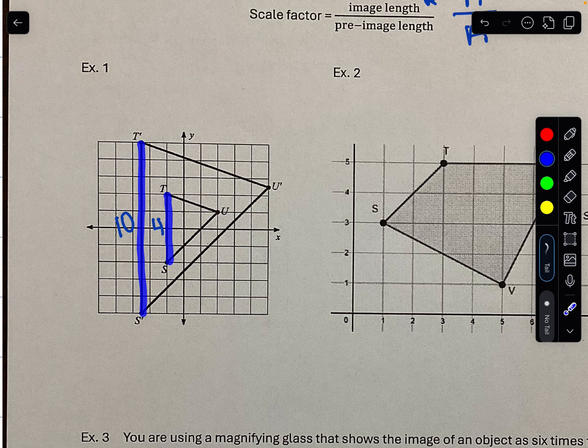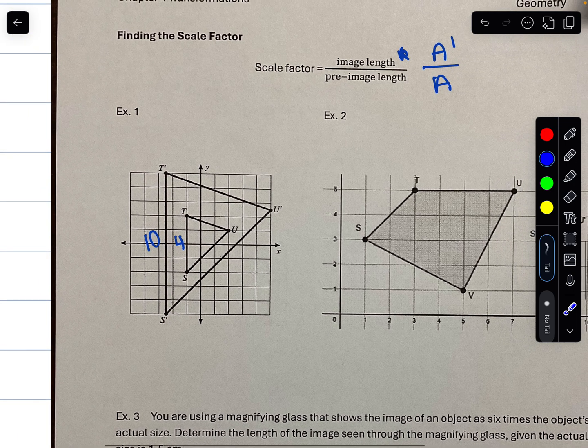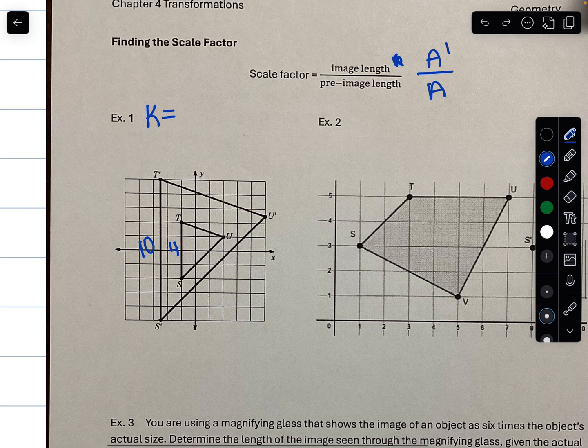From T to S is 4. Okay, and then we write that as a fraction. Which one goes on top? No. 10. Why, Joss? Because it's prime, right? We always start with prime on top, the original on the bottom. So 10 over 4, which simplifies to 5 over 2. Okay, so our scale factor here, 5 over 2.